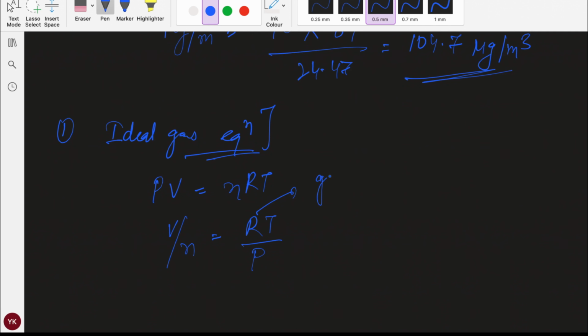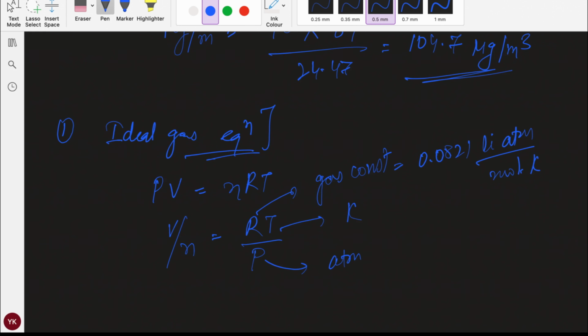R is the gas constant, with a value of 0.0821 liter atmosphere per mole Kelvin, temperature is in Kelvin, and pressure is in atm.